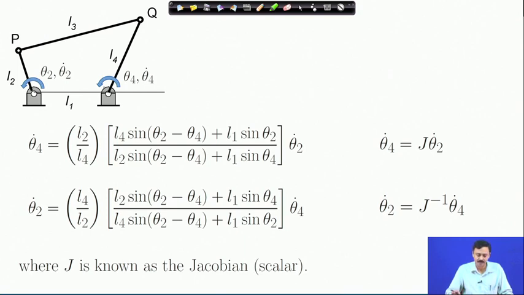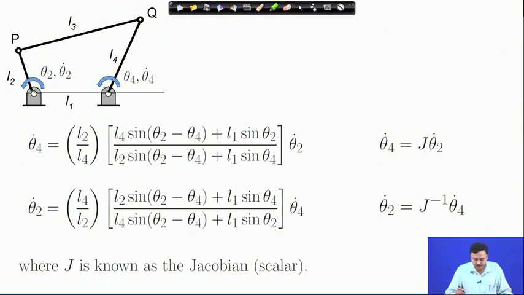It has to remain the same, whether you do it by the method of instantaneous center of rotation or through this analytical displacement analysis, differentiating the displacement relations. So, the Jacobian value is going to remain the same at a given configuration.